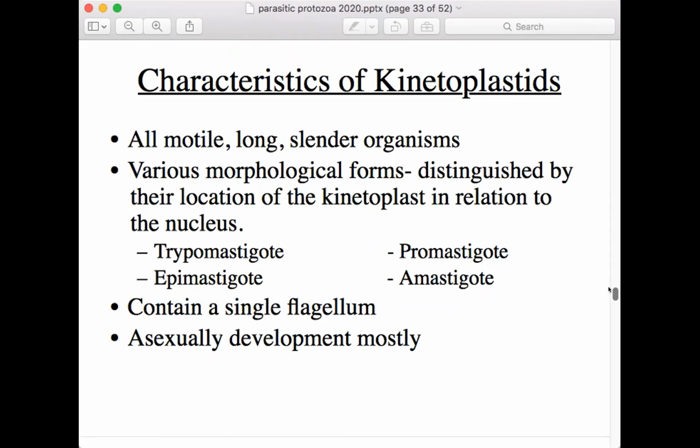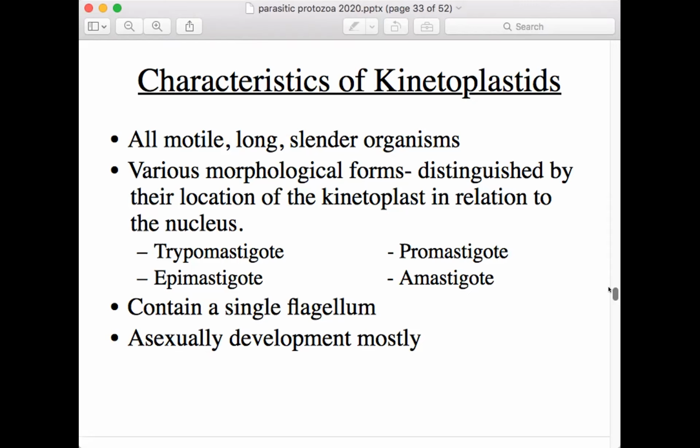So they can be considered trypomastigotes, epimastigotes, promastigotes, and amastigotes. You're going to have a chance to explore that tonight and see the various morphological arrangements of these kinetoplasts in relationship to the nucleus. They're going to contain a single flagellum, and most of them are going to develop asexually.